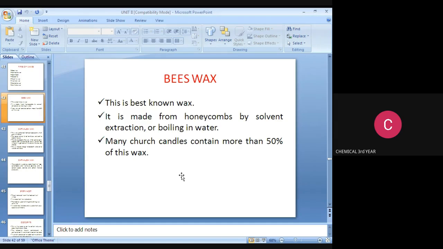So beeswax is the best known wax, made from honeycombs by solvent extraction or boiling in water. Many candles contain more than 50% of this type of wax.